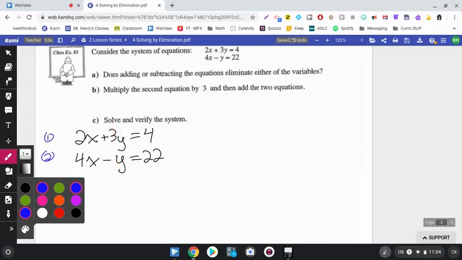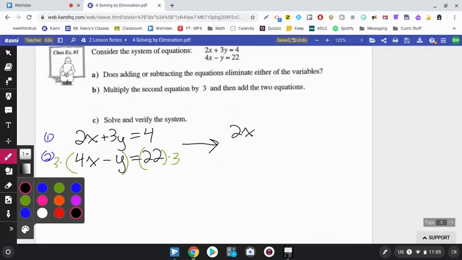And you say, okay, well, I'm not allowed to just multiply one piece of an equation by 3, but the rules of algebra say what I do to one side, I do to the other. So if I multiply everything on this side by 3 and everything on this side by 3, and I get my new equations, I haven't changed the equation, I've just changed how it looks.